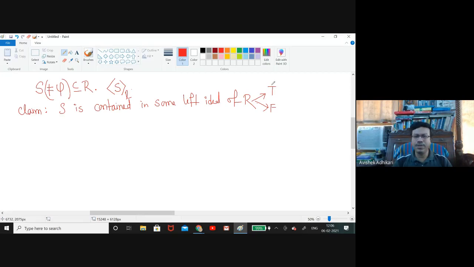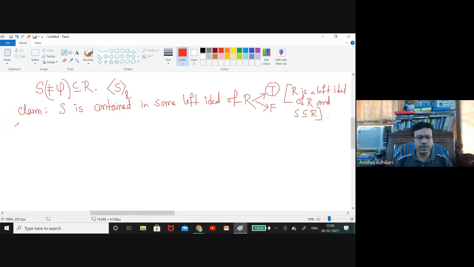You mentioned that this is true because R is a left ideal of R, and S is a subset of R. So this is true. Now we consider all left ideals of R that contain S.